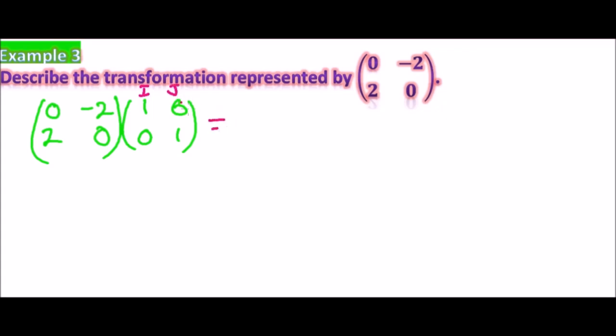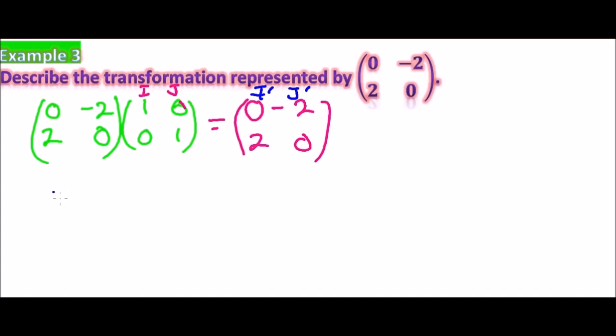When you multiply that, you get the same matrix as this one, because this is an identity matrix. So you have 0, minus 2, 2, 0. So that is our image. This is the image of i and this is the image of j.